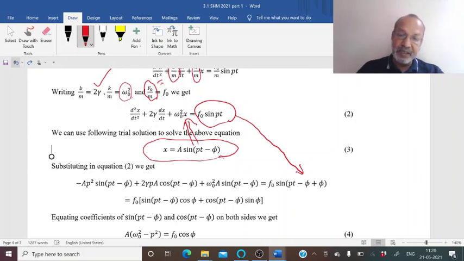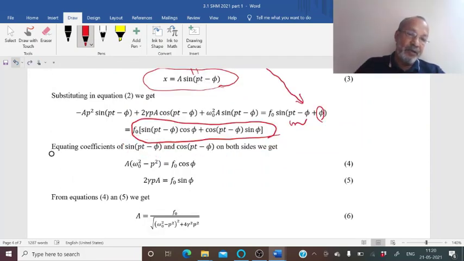On the RHS we can also use the equation for sin(a plus b), taking pt minus phi as a and phi as b, and obtain the RHS in this way.